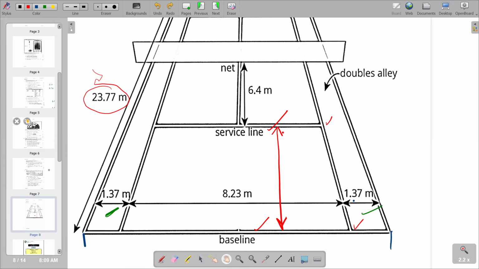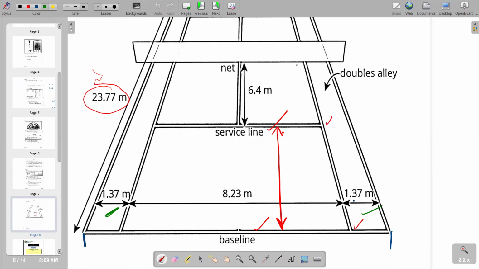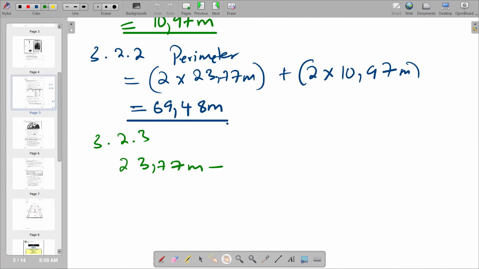So this is now 3.2.3, whereby we subtract the 6.4 from here to here. Remember, we have got 6.4 twice, from here to here and here to here. So obviously, we are going to subtract 6.4 twice. Minus 6.4 meters minus 6.4 meters.